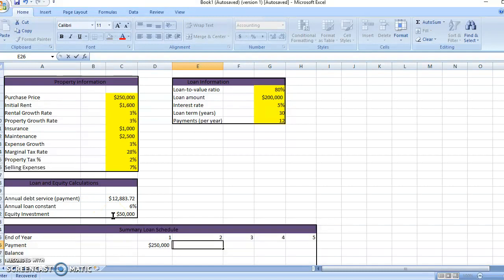Oh, my bad. I was doing the wrong one. We're actually using the debt service payment. So we're going to grab this. And then over here, it's going to be the exact same thing.